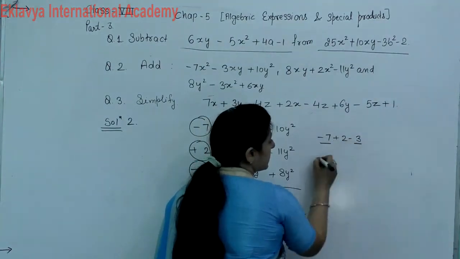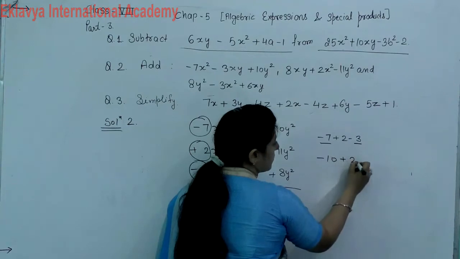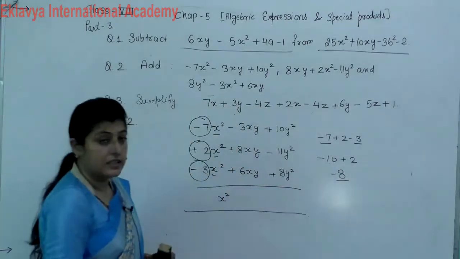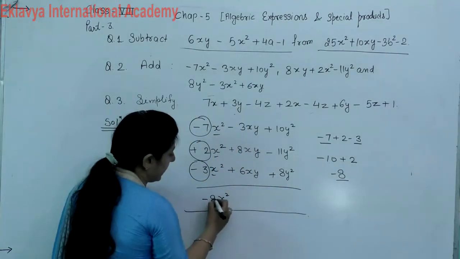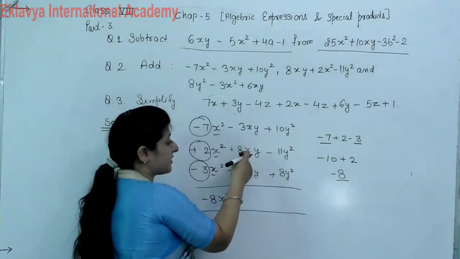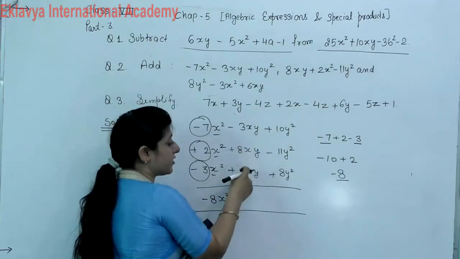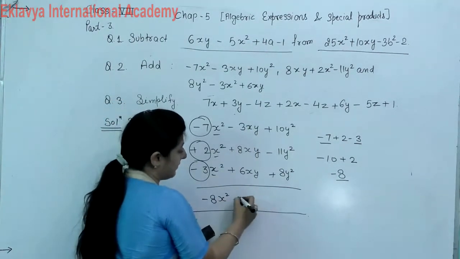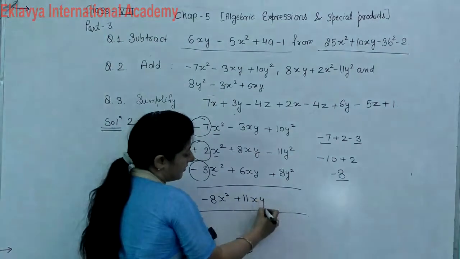Minus 7 minus 3 is minus 10, plus 2, so minus 10 plus 2 is minus 8, the sign will be minus, so minus 8x square. Then minus 3xy plus 8xy plus 6xy, 8 plus 6 is 14, 14 minus 3 is 11.